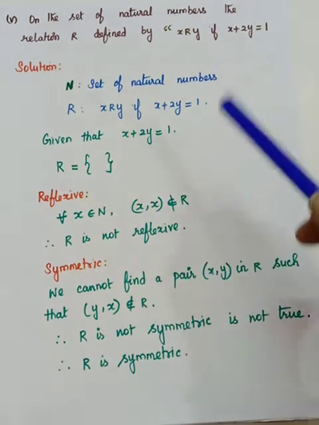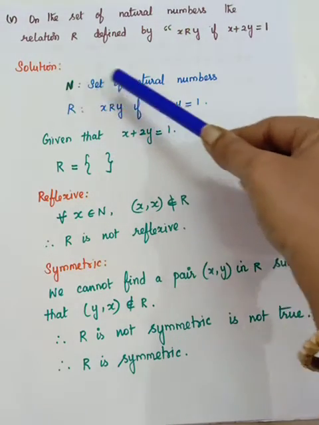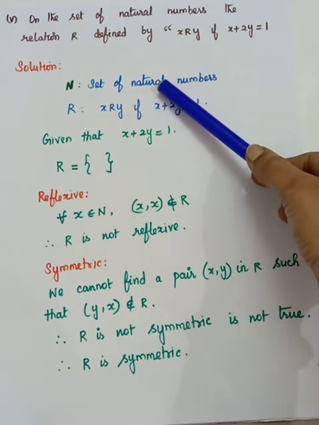Now what we have to show for this empty set is whether it is reflexive, symmetric, transitive. First we'll go for reflexive. Reflexive means what? All the elements from the set. The set is the natural numbers. If you consider the first natural number 1, to show it is reflexive, 1 must be related to 1.